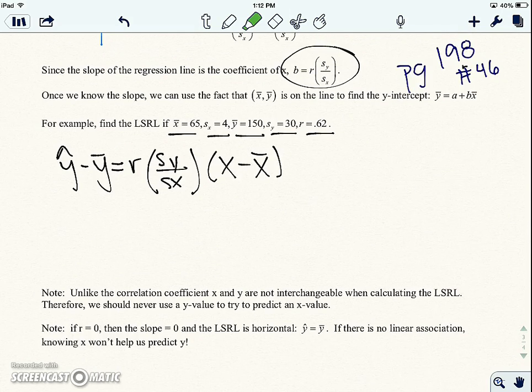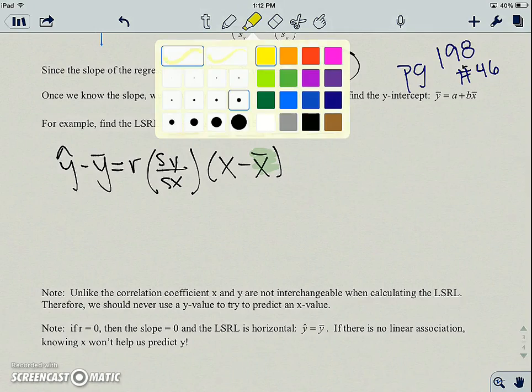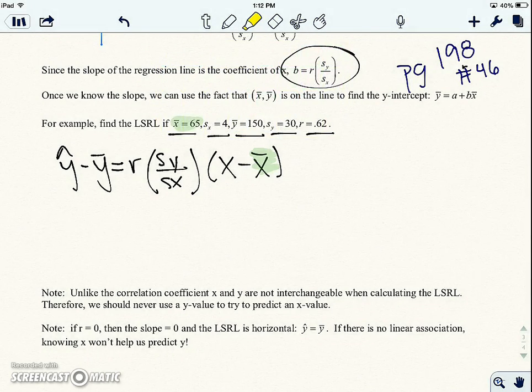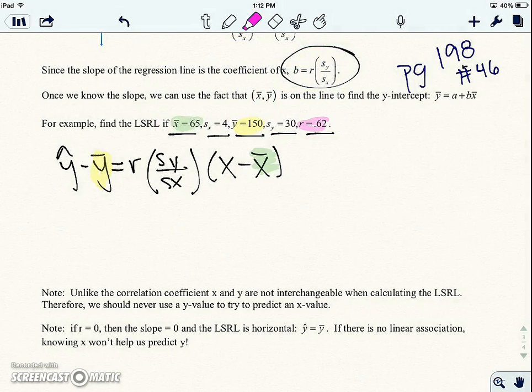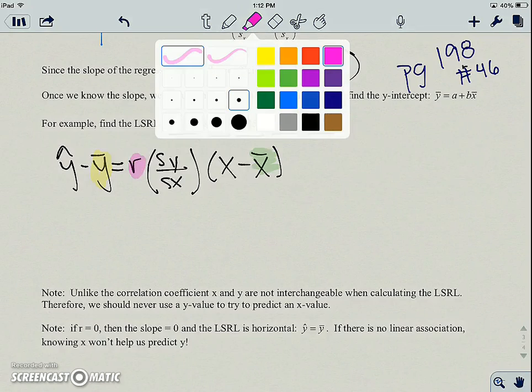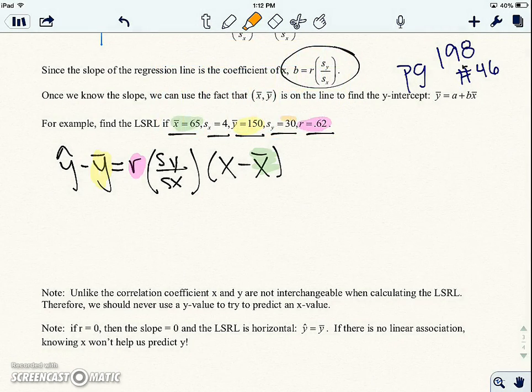Then it's saying, okay, let's plug in our x bar right here, our y bar right here. We can plug in our r, s of y, and our s of x, and solve for the least squares regression line.